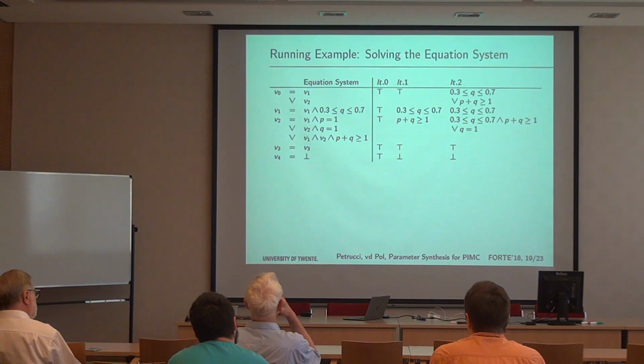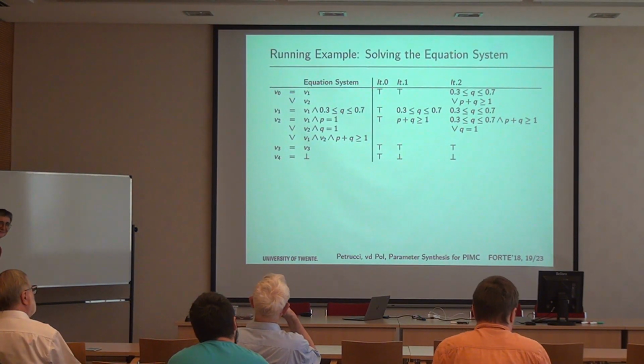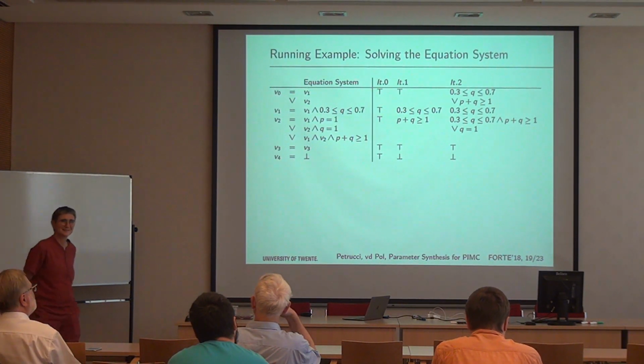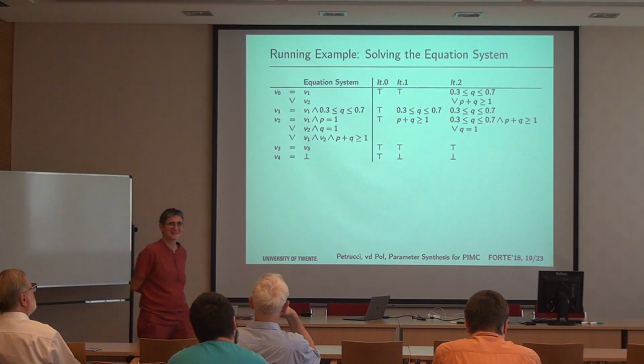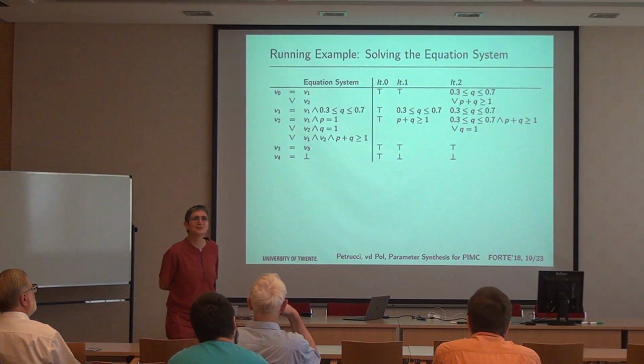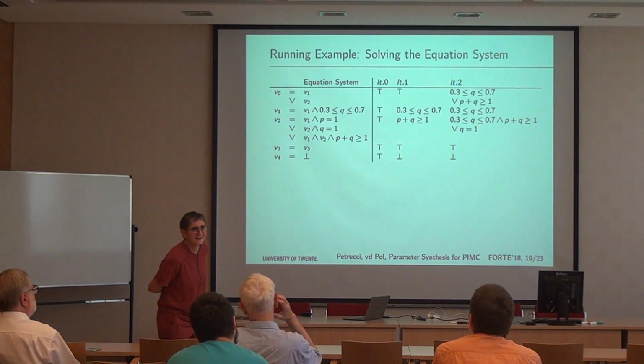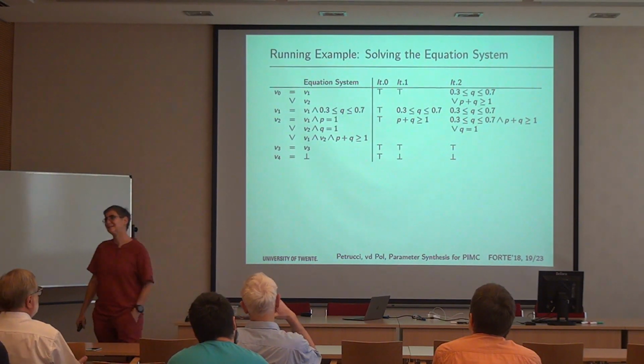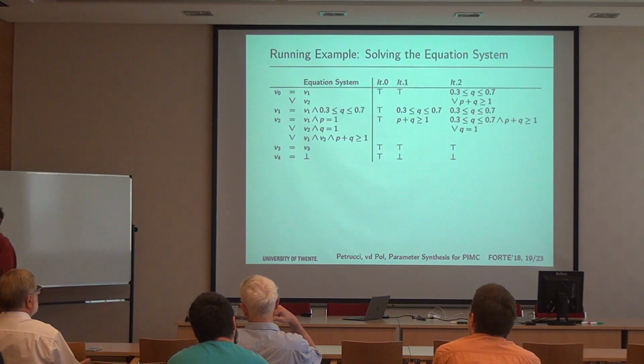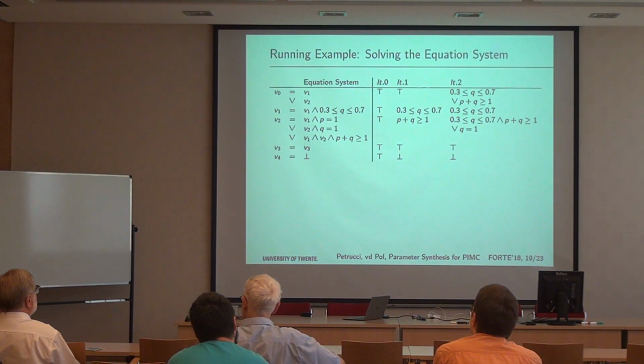You are using probabilities here, the interval probabilities. What about other methods of representing uncertainty? For example, fuzziness, and so on, which are by definition intervals. Yeah. Well, we didn't look at that yet.